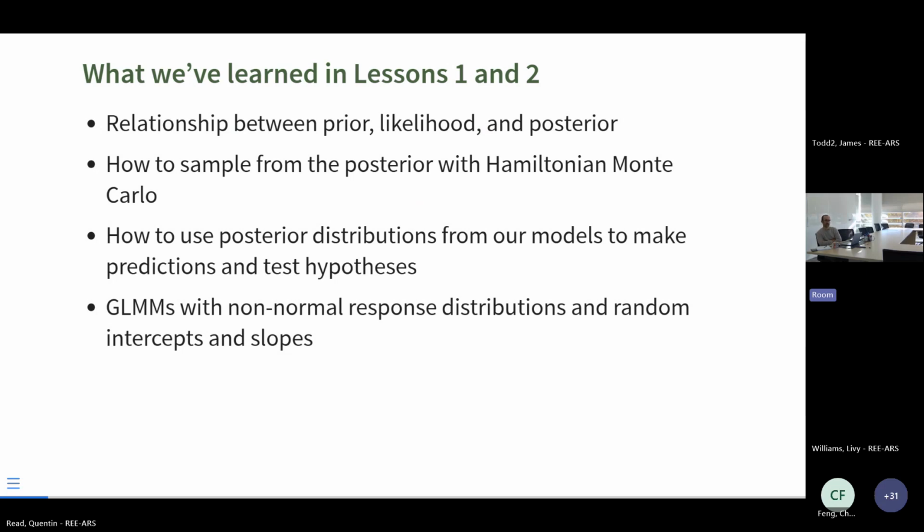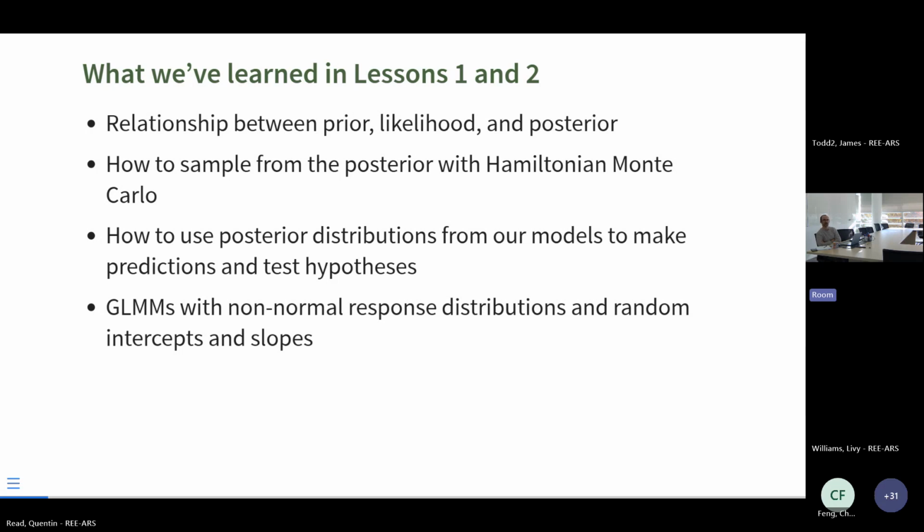And at least in what we're doing here, we figure out what the posterior distribution is by sampling from it with the Monte Carlo method to approximate that distribution. And the posterior is what we use to actually make inferences. Like that's what we make our predictions out of.